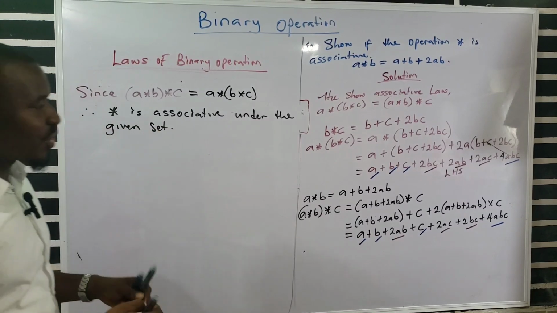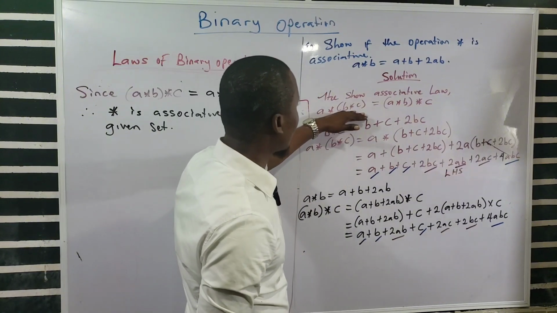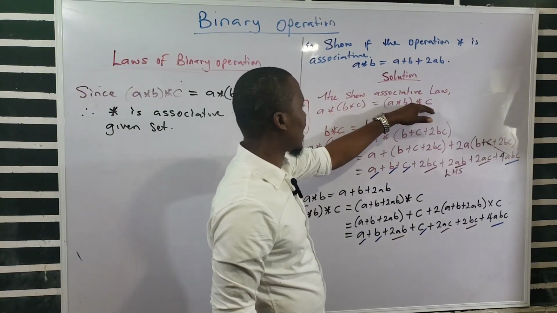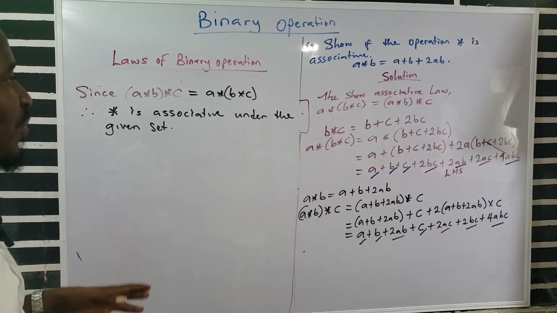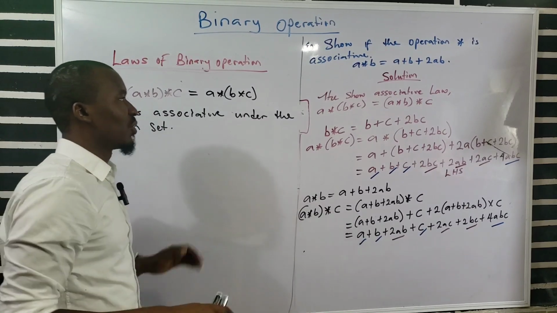Okay, so in a situation that you have treated the left hand side and it is different from the right hand side, it simply means that the operation is not associative.